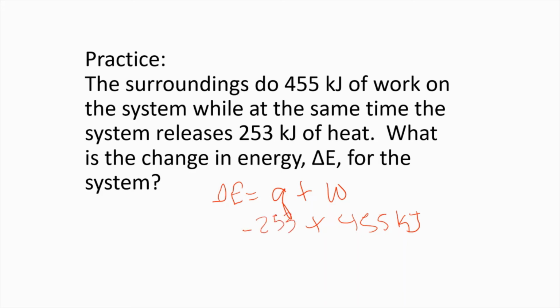So what you're noticing here is that just because the system is releasing heat doesn't mean the surroundings are not doing work on the system. It can go both ways. We have to look at the magnitude of each.